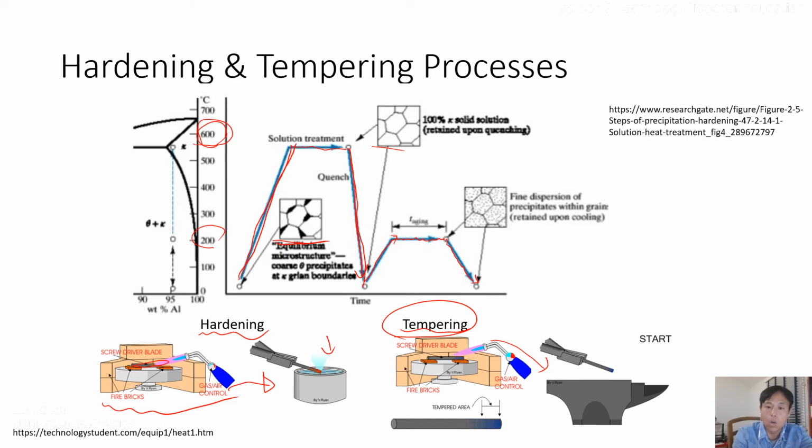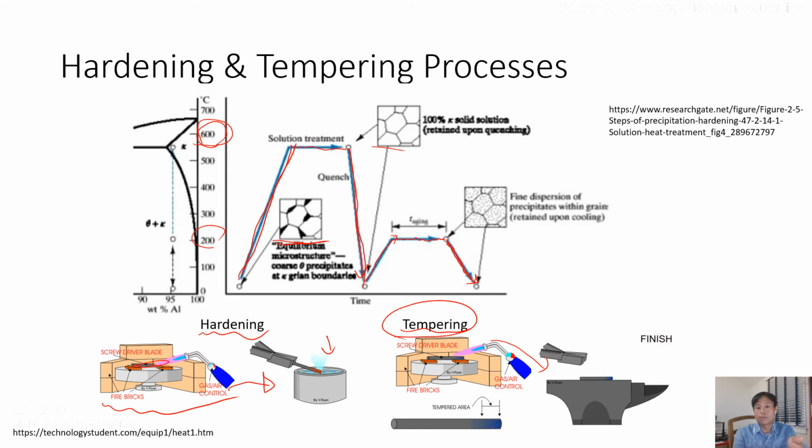That is the slow solidifying, or slow cooling, process, which makes the material softer. Slow cooling makes the metal softer, and rapid cooling makes the metal harder.